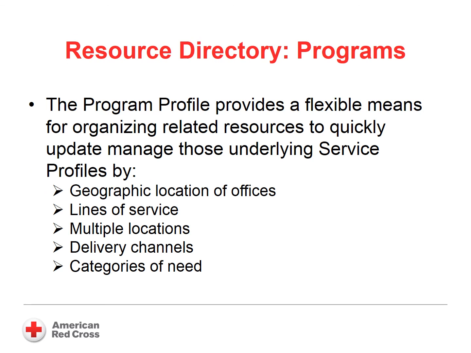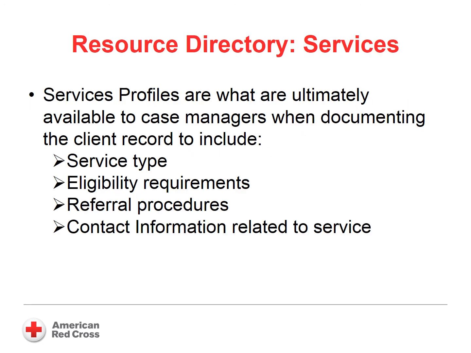The program profile in the resource directory helps agencies organize related resources by geographic location, lines of service, agency location, delivery channels, and categories of need. The service profile assists caseworkers in documenting service type, eligibility, referral, and contacts for each resource in the system.